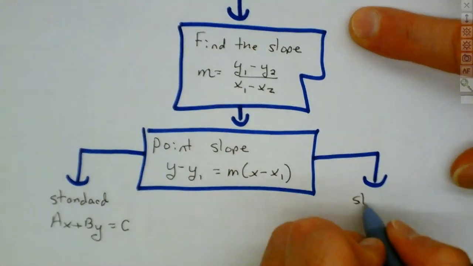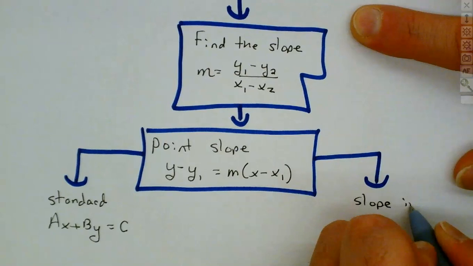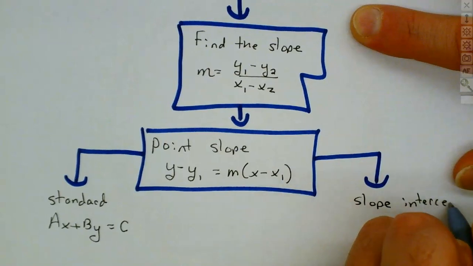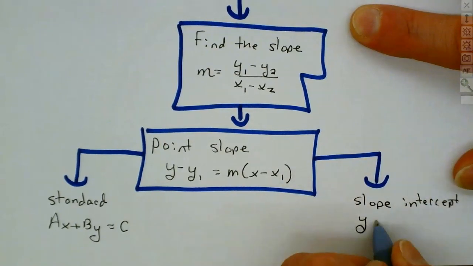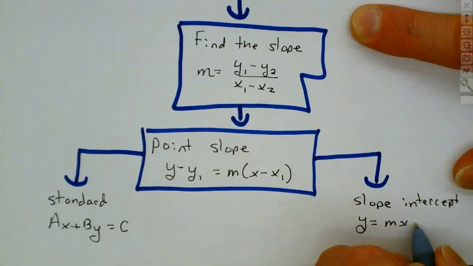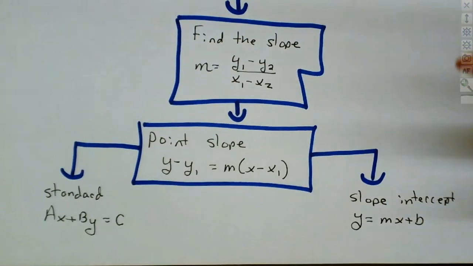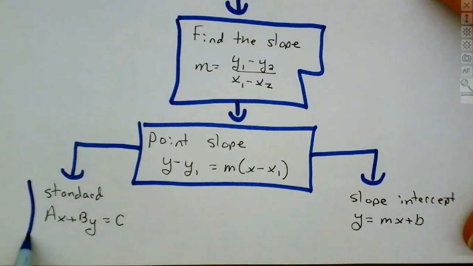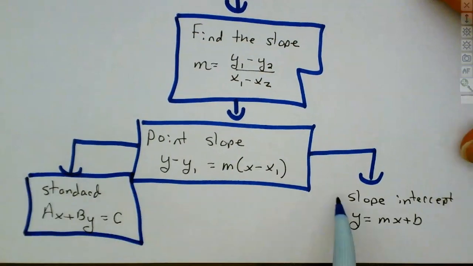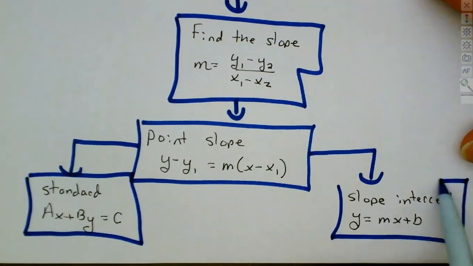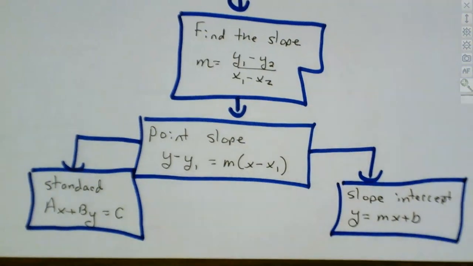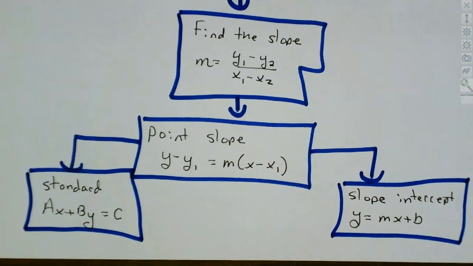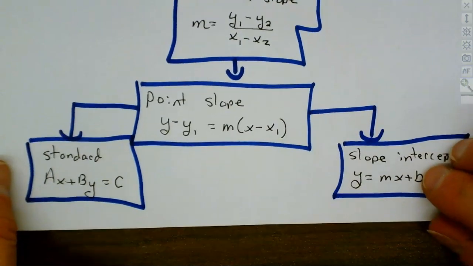And slope-intercept form looks like this: y equals mx plus b. So there's your standard form, and there is your slope-intercept form. It's basically the same as what we just did a moment ago, only it has one more step. You have to find the slope first.